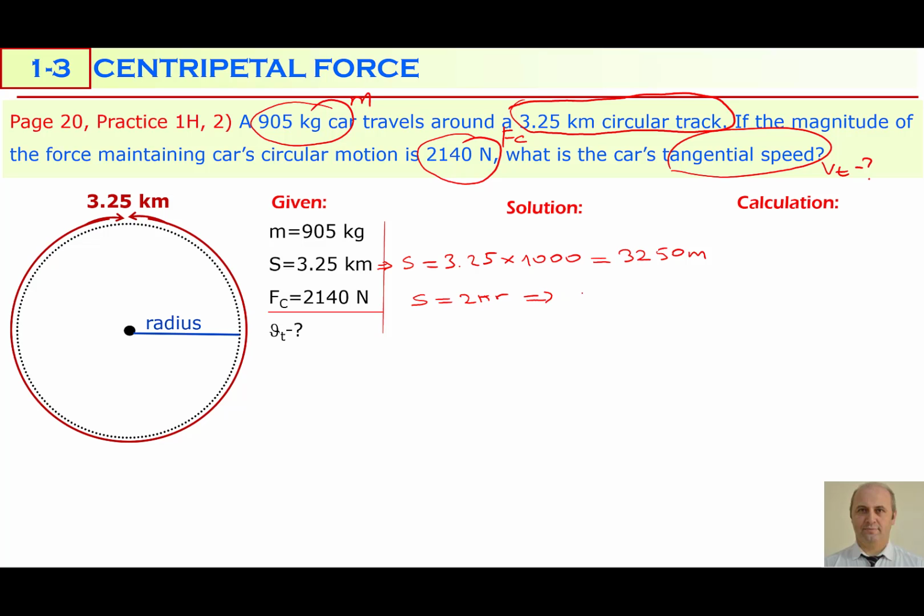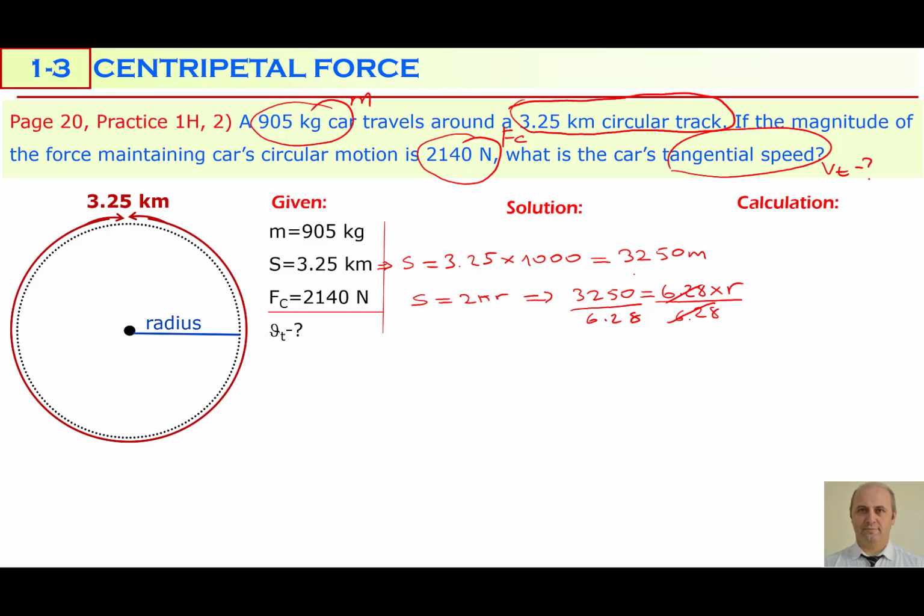So S is given, 3,250. 2 pi is 6.28 multiplied by r. So simplify by dividing by 6.28 because we need to know what r is. Then you will divide 3,250 divided by 6.28.